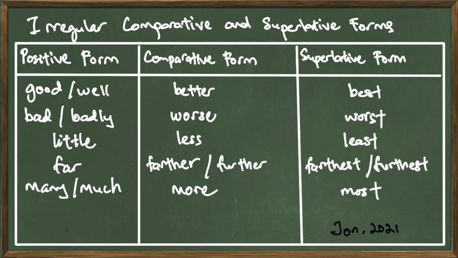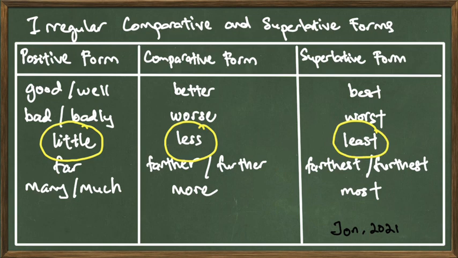Just take a look at a simple example that I'm going to circle for you. For example, in the positive form, the word little, sikit. In the comparative form, it becomes less. So ejaan dah berubah. And in the superlative form, it becomes least.